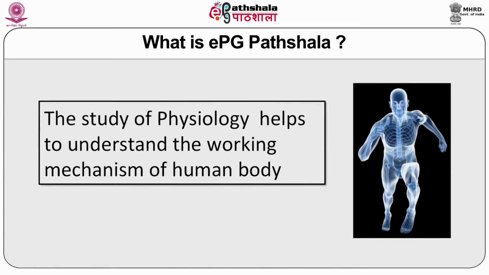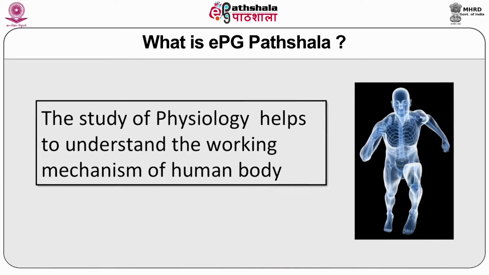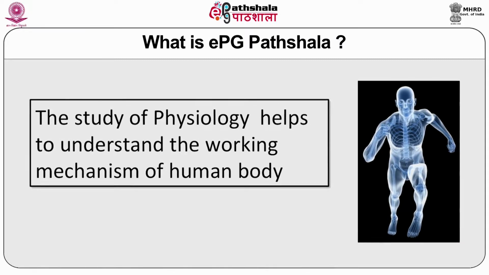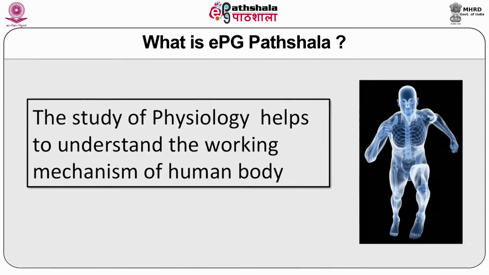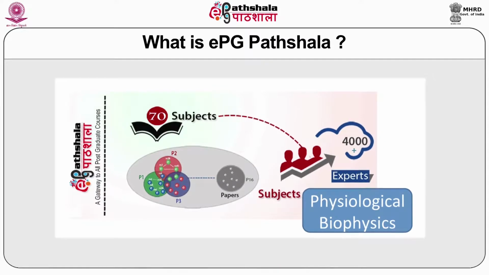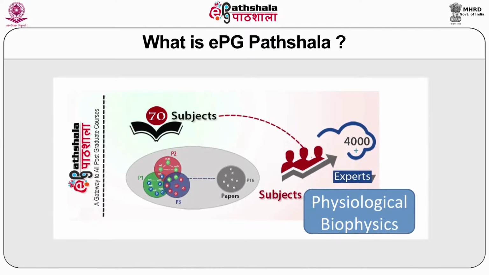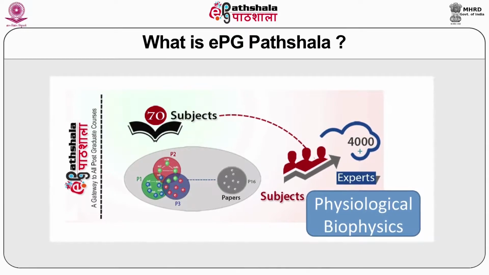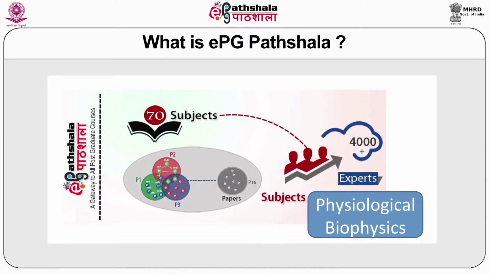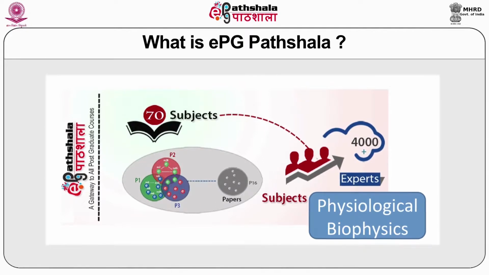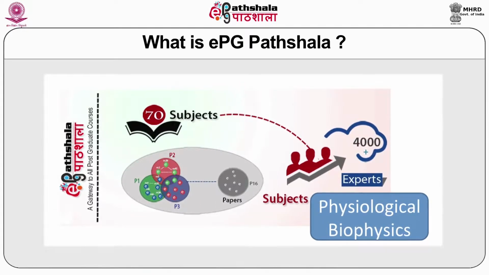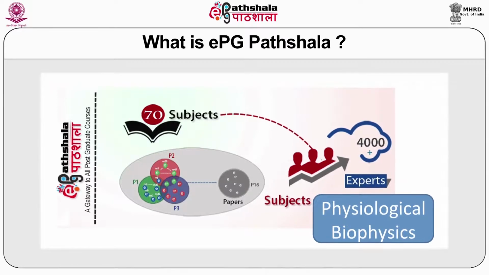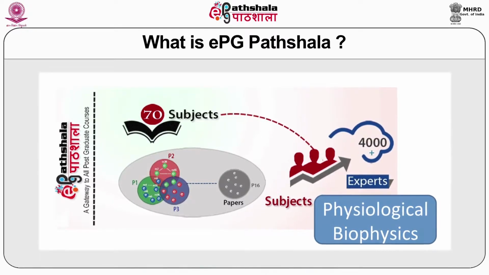This initiative is called EPG Pathshala and it is executed by the University Grants Commission of India. Under this program, the experts produce nearly 4,000 contents covering 70 subjects. The data and the text are collected from well established literature. Then they carve out papers out of these subjects.